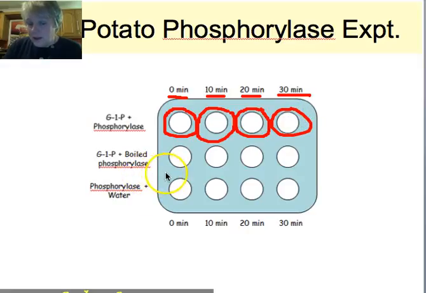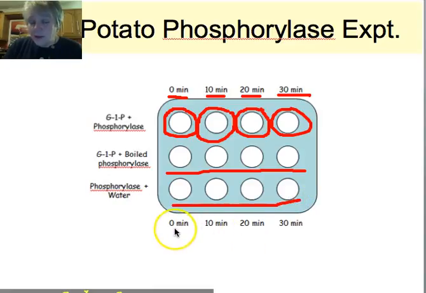Then in the next row, glucose 1-phosphate and boiled phosphorylase is put in. Now, a boiled enzyme won't work, and there are reasons for that that we look at later on. And then in this last row, phosphorylase and water is put in.